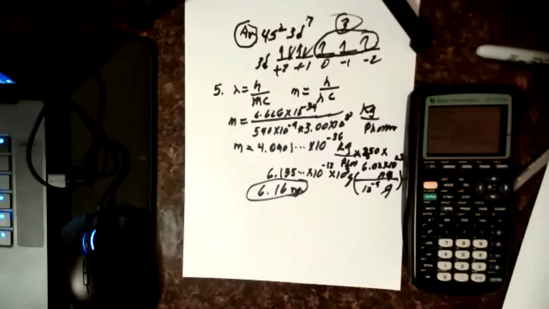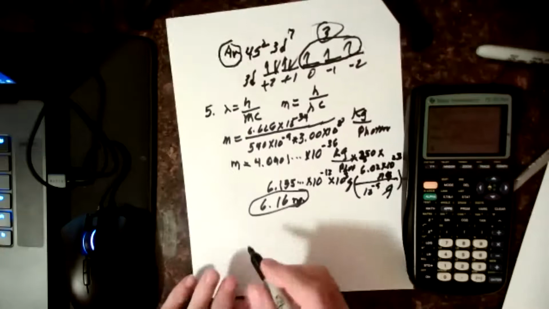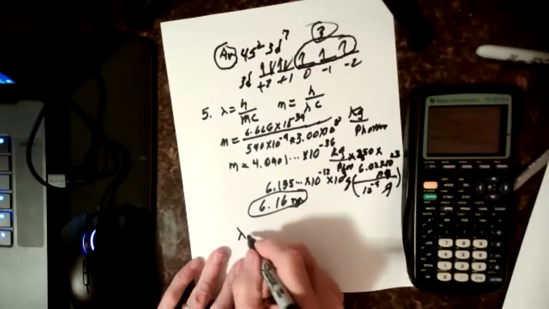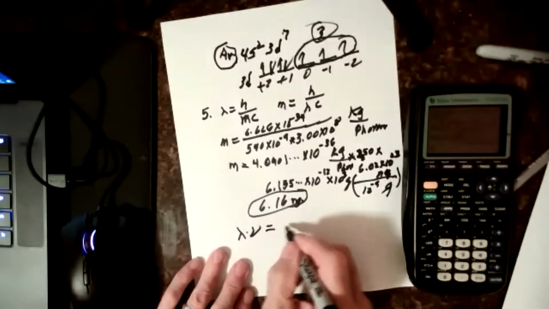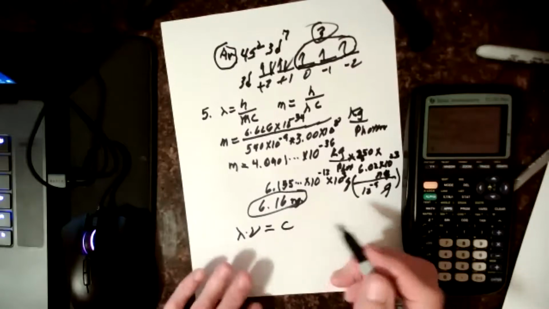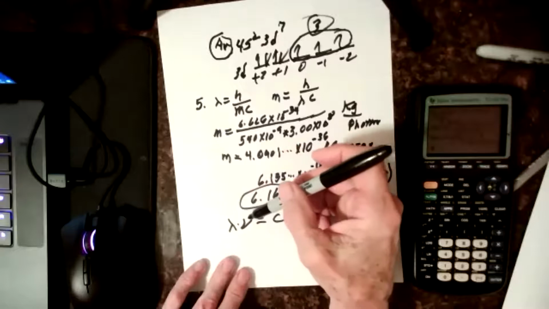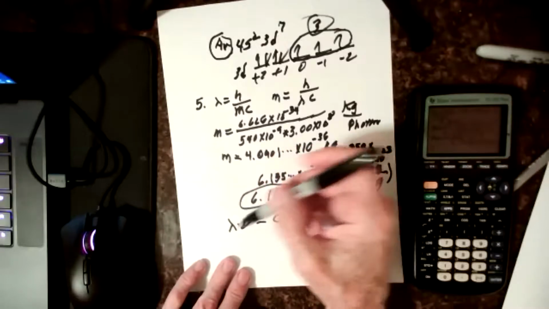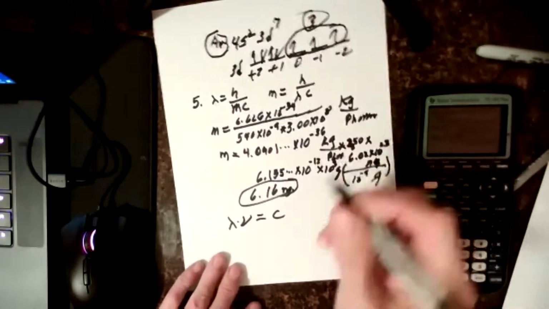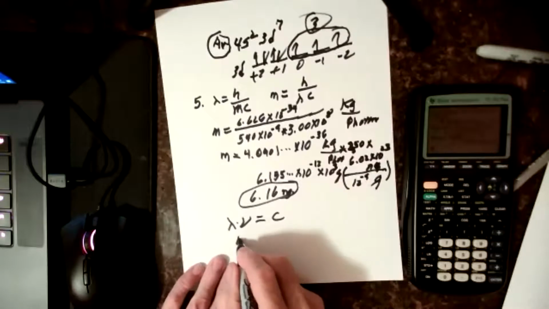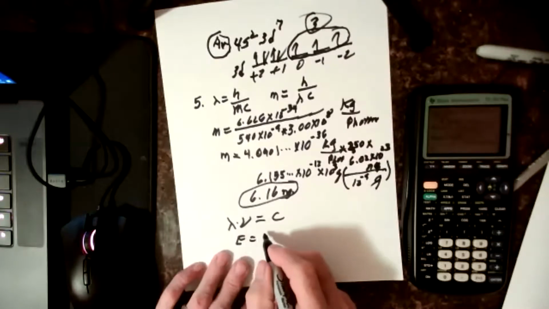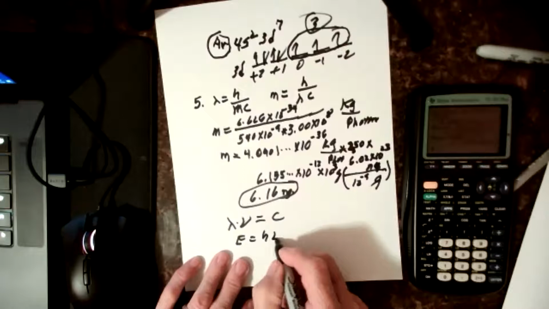Okay. Now there's this relationship, lambda times nu is equal to c. That's going to deal with changing from frequency to wavelength or wavelength to frequency, and we did a checkpoint on that. There is E is equal to h nu.